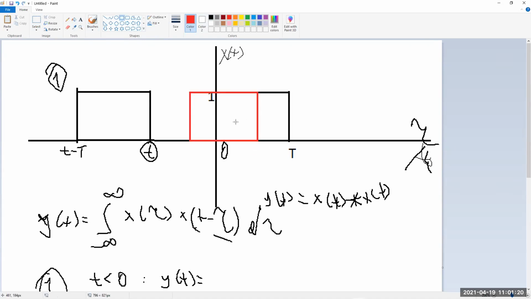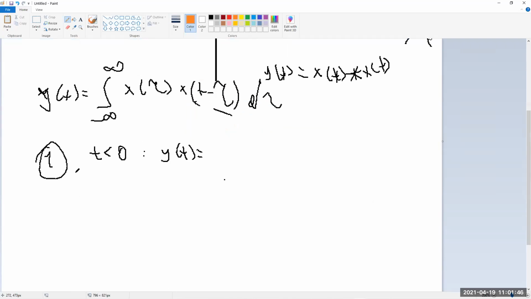We have the overlapping part as this part, and it's t minus big T. As you can see, they both have 1. The 1 times 1 becomes 1.